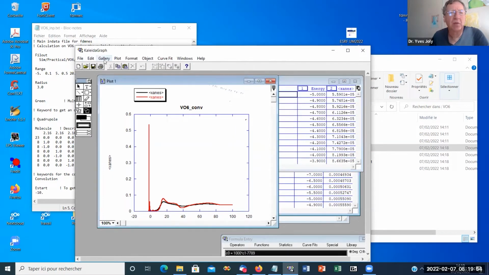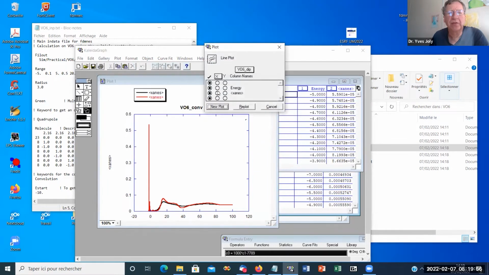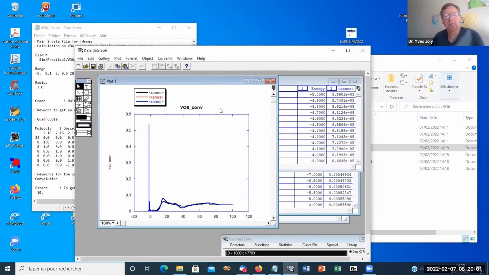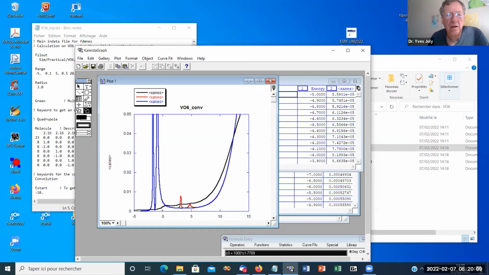I plot it with the others. I plot. So there are not many differences, but just at the beginning. And indeed, the difference is only here. So at the pre-edge. So this calculation, the red one, is with quadrupole, and this one is without the quadrupole.